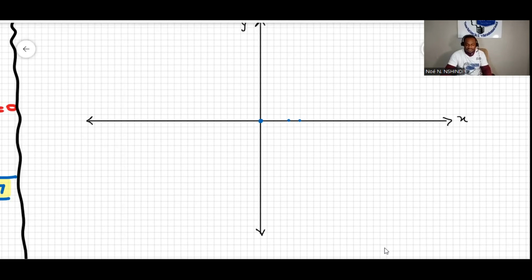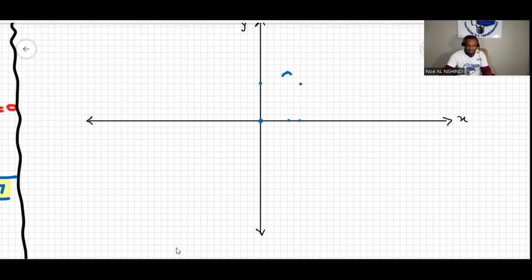Okay, and the other one is 1, 1. So if 1 is there, let's say 1 is also over here, 28 over 27 somewhere there, and then 1 will be somewhere there.